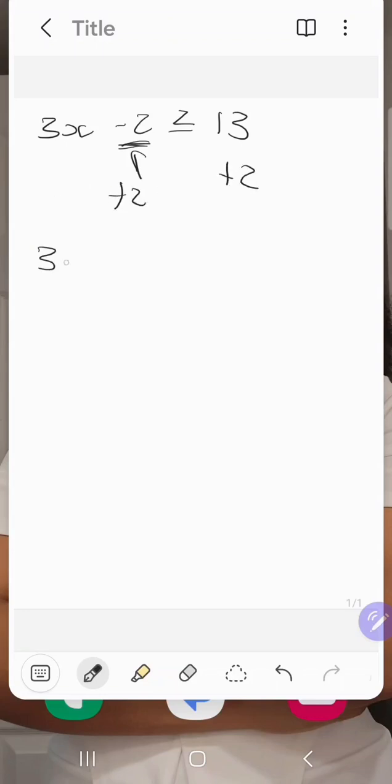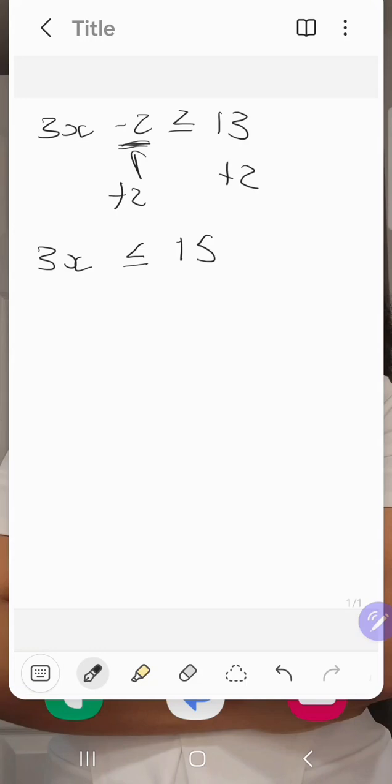So we're going to have 3x, and negative 2 plus 2 is going to cancel out. We're going to have 3x is less than or equal to 13 plus 2, that's 15.